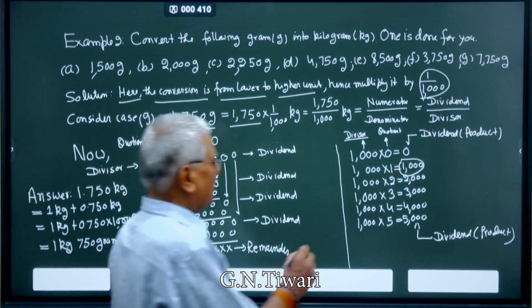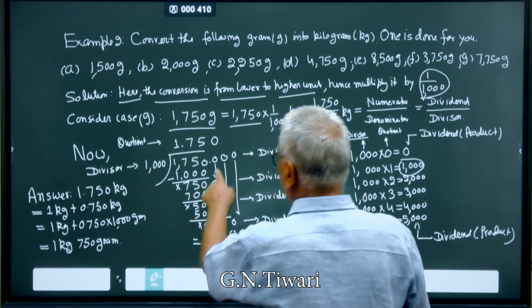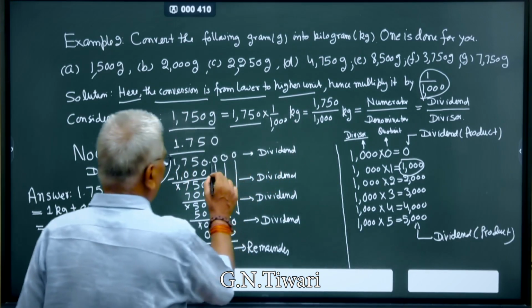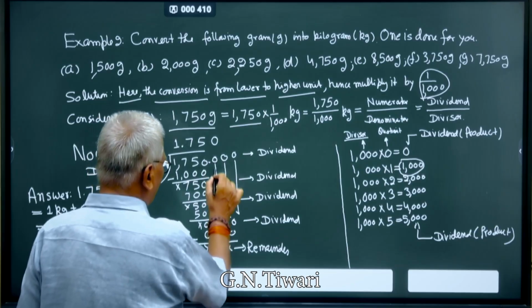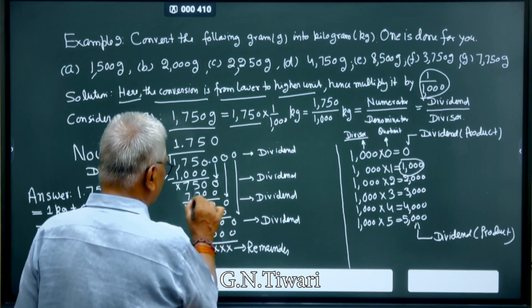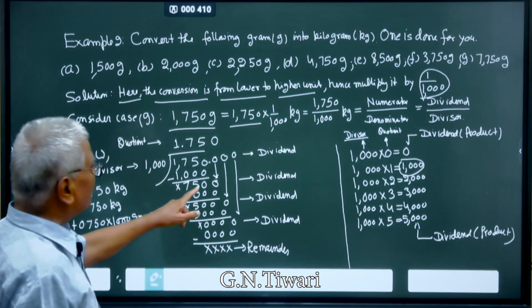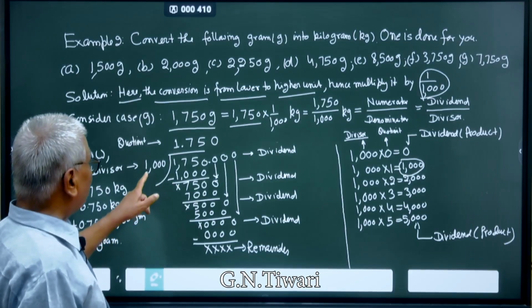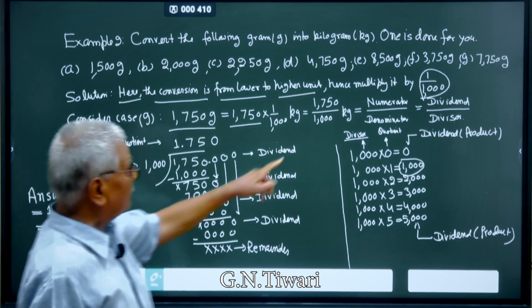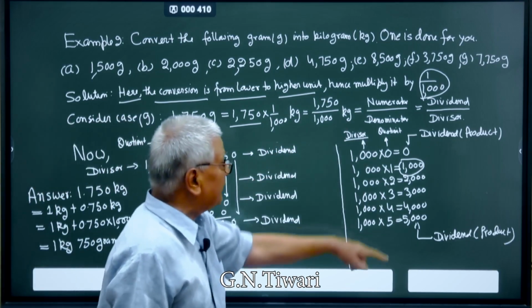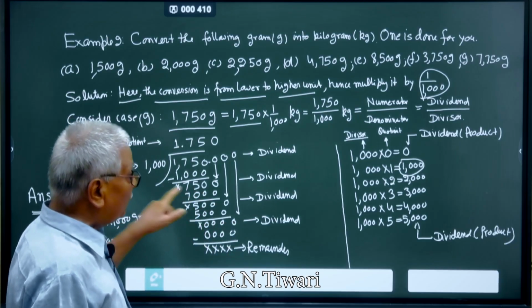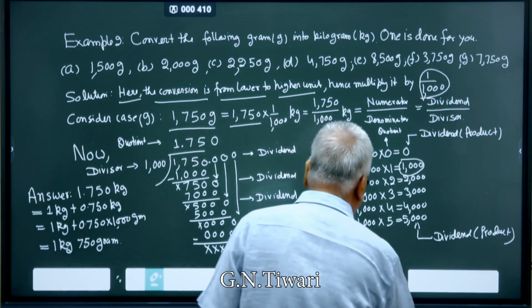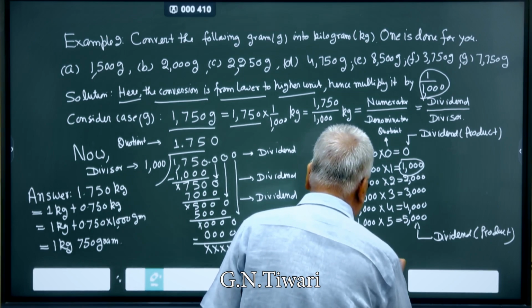So just see, if you put a point here, then put a point here, then bring down 0 here, it becomes 4 digits, 7500. You have to divide by the divisor 1000. Just see, the dividend must be more than the divisor.